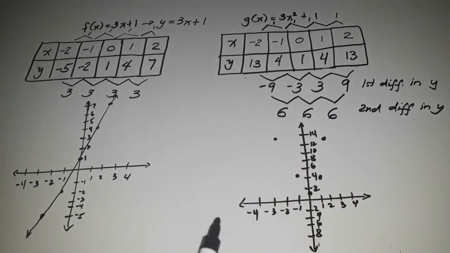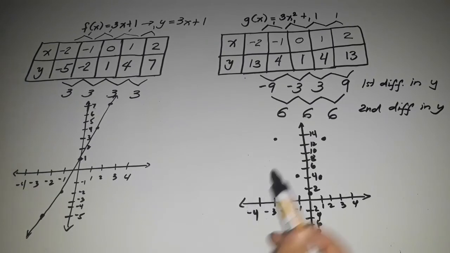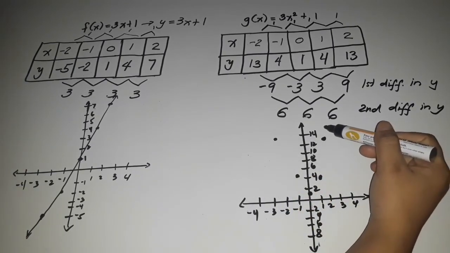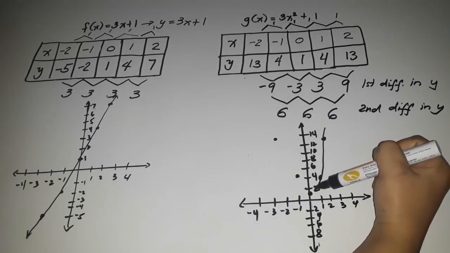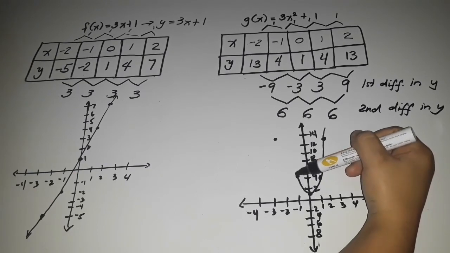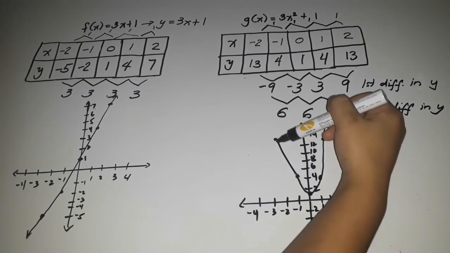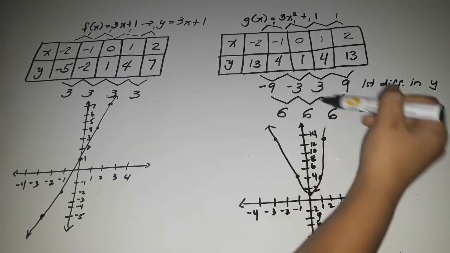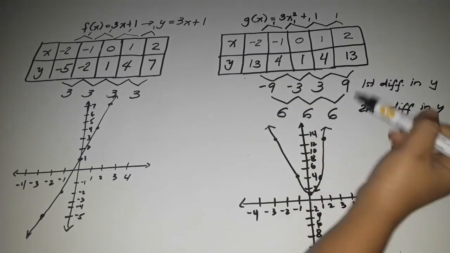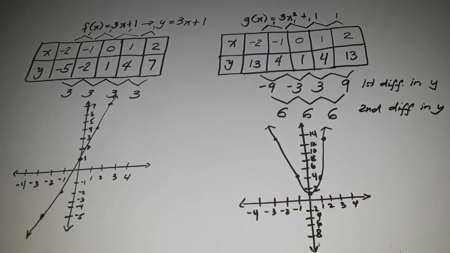Okay. After nating i-plot, connect the points. Okay, so this is now the graph of a quadratic function.